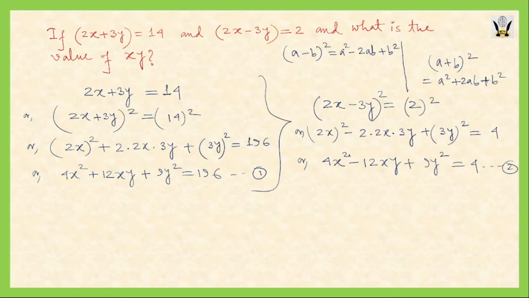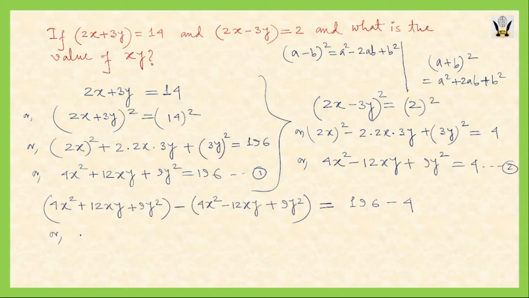The coefficient of x square is 4 and of y square is 9 in both, and they also have the term xy. In the question it is given only to find the value of xy. So from both equations, if we subtract the second equation from the first, or vice versa, since their coefficients and signs are the same, the x square and y square terms will vanish.